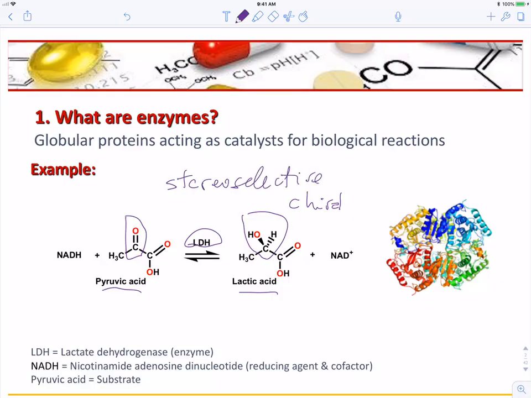So we are forming only one of the two possible enantiomers of lactic acid. The reaction is formally a reduction and happens at the expense of NADH, which gets oxidized to NAD+.